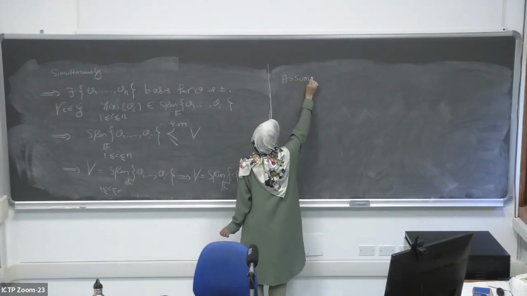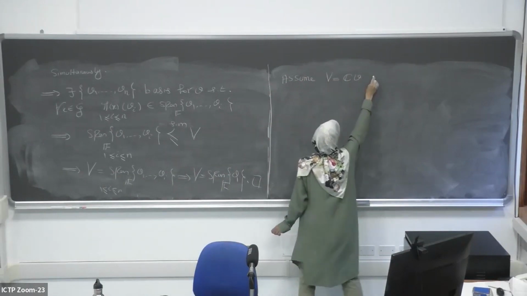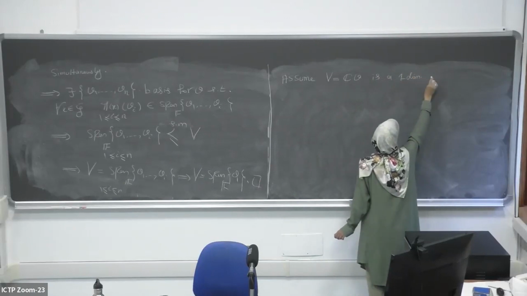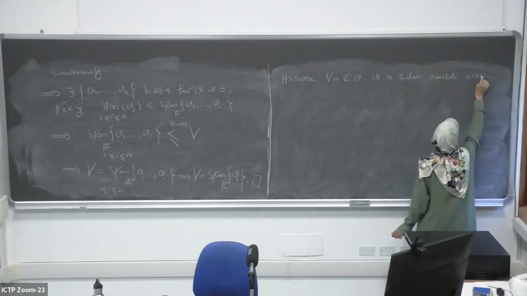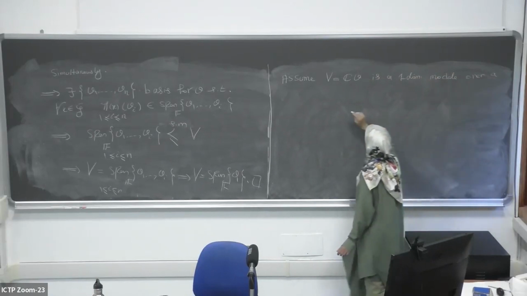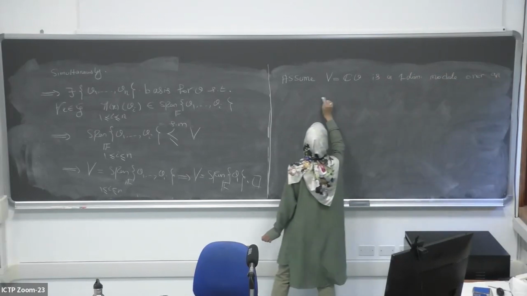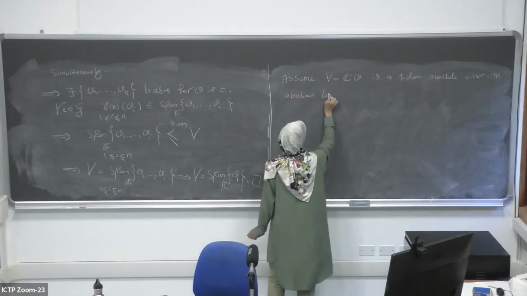Assume V is a one-dimensional module over an abelian Lie algebra.